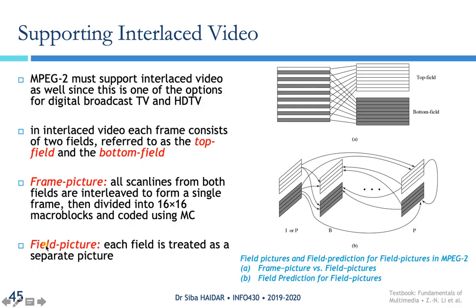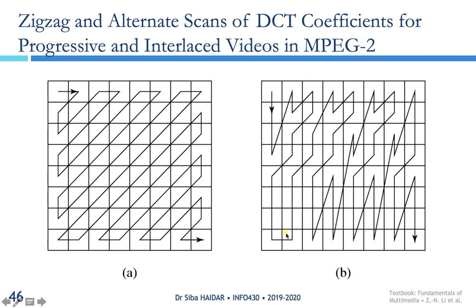If you choose the field picture, you keep each field apart, and each field is treated as a separate picture. So the top field will be predicted using the top field, the both fields, and the bottom field will be predicted using both fields also. Each field is treated as a separate picture, as if it were a separate frame.